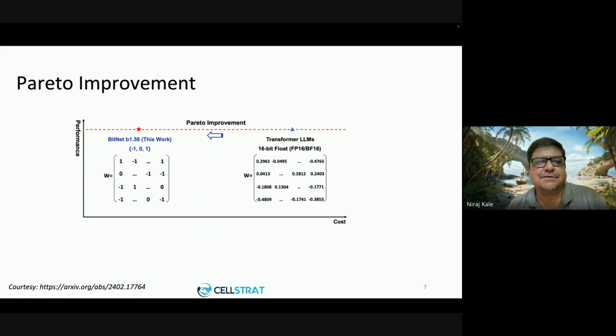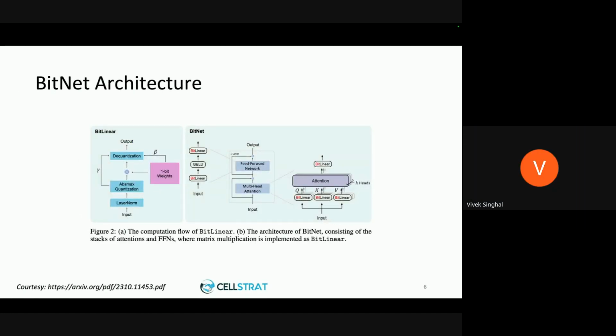Could you go back to the last slide? Yes, you are seeing on the right the usual transformer layer, which has the FP16 weights. On the left side, you have been able to compress the weights to 1-bit storage. Okay.